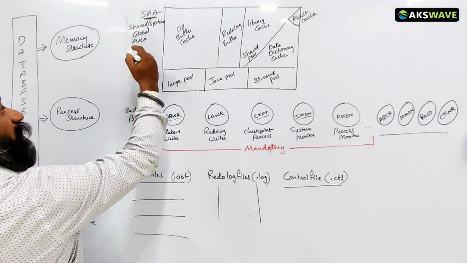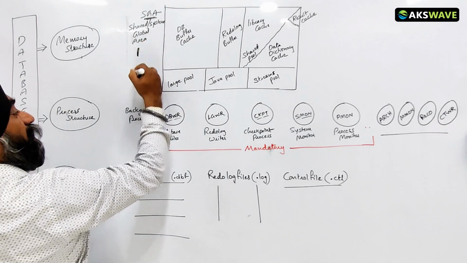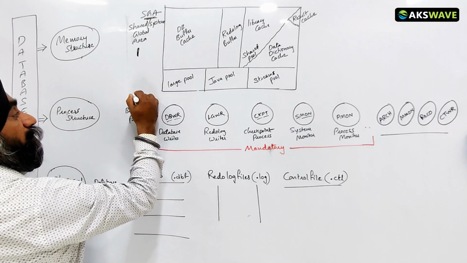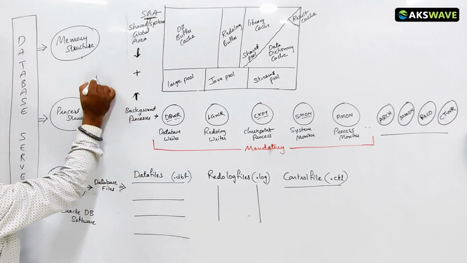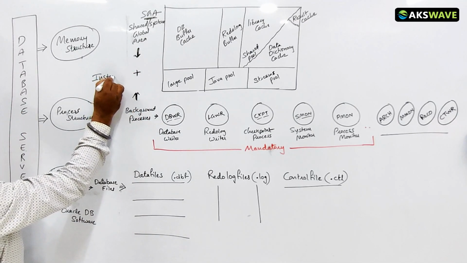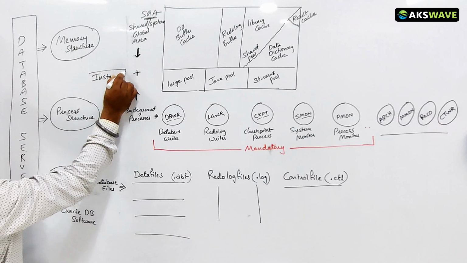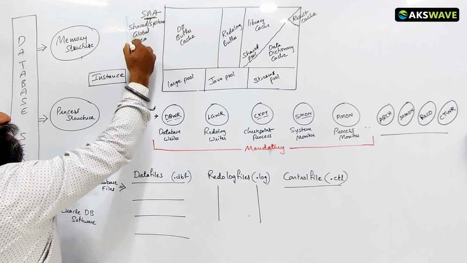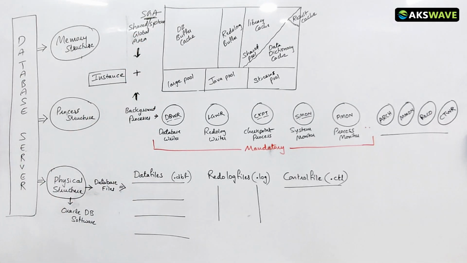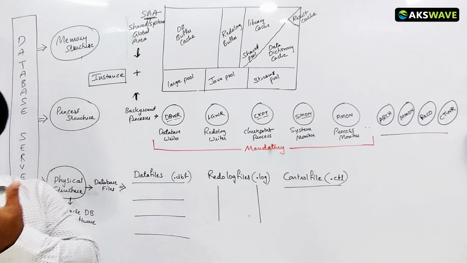Combining your SGA plus the background processes, we call it an instance. Instance is equal to SGA and background processes.